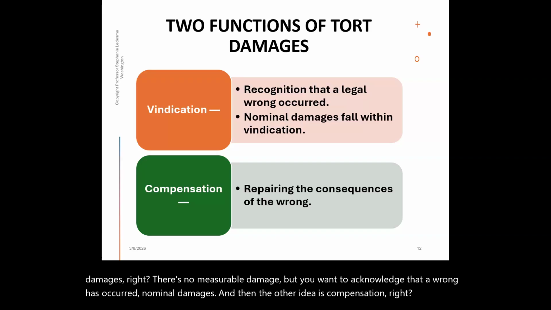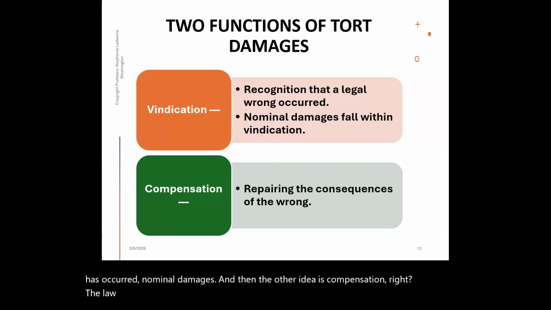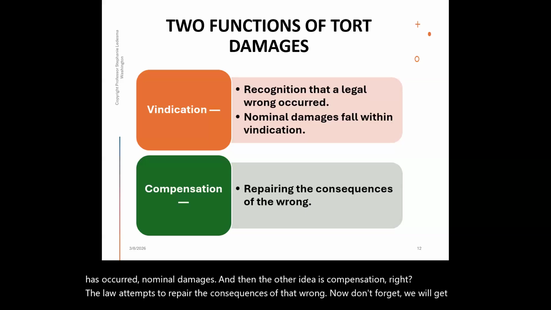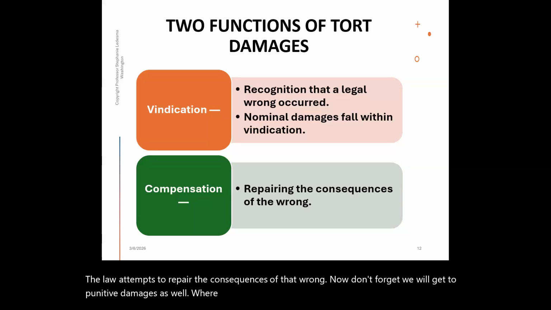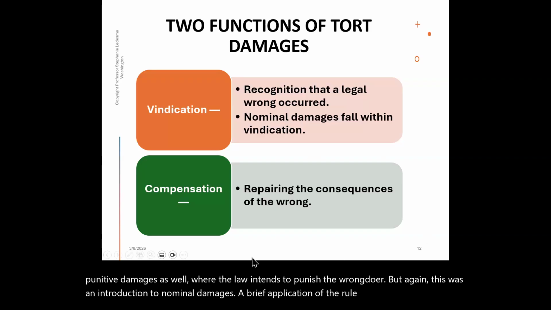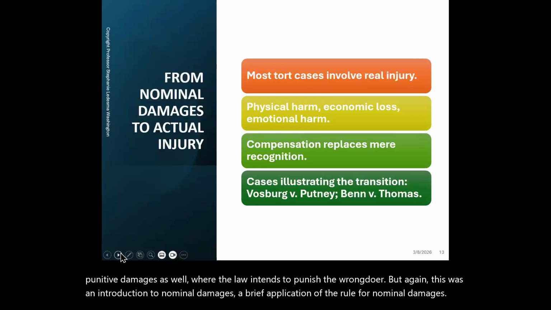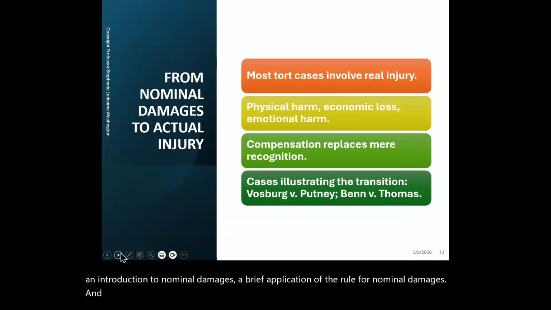The law attempts to repair the consequences of that wrong. Now, don't forget, we will get to punitive damages as well, where the law intends to punish the wrongdoer. But again, this was an introduction to nominal damages, a brief application of the rule for nominal damages, and a proper closing of the doctrine of nominal damages.